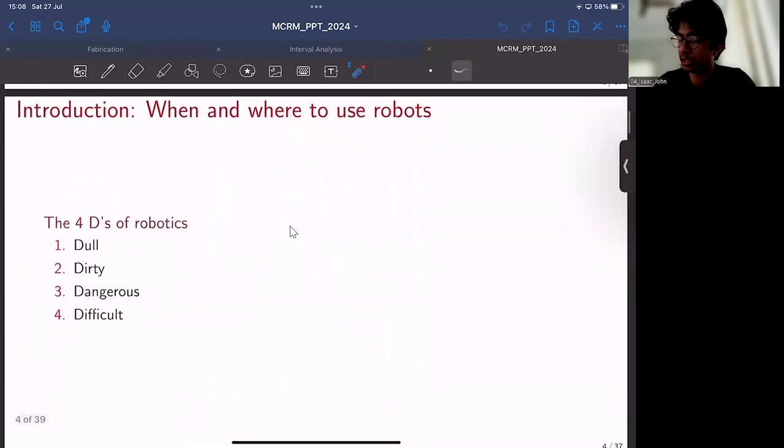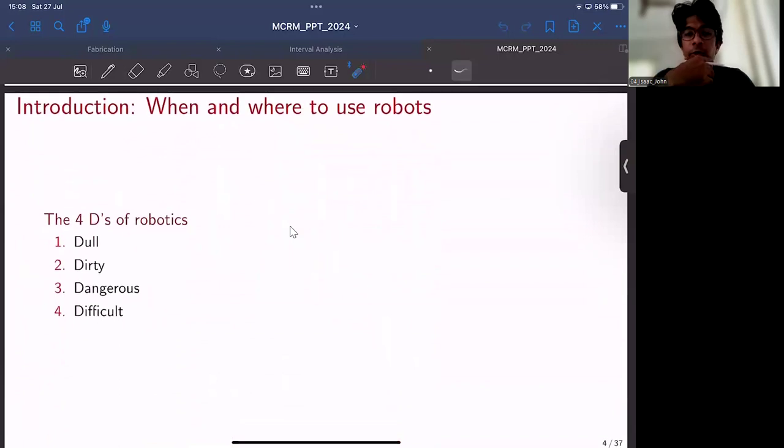So, where and when would we use robots? Where and when should we deploy robots? The answer to this lies in what we basically call the 4Ds of robots.